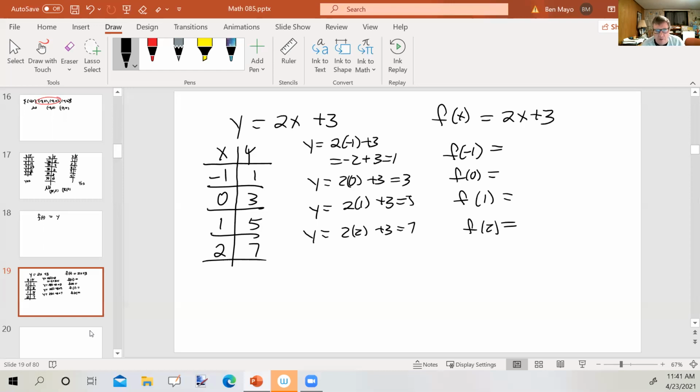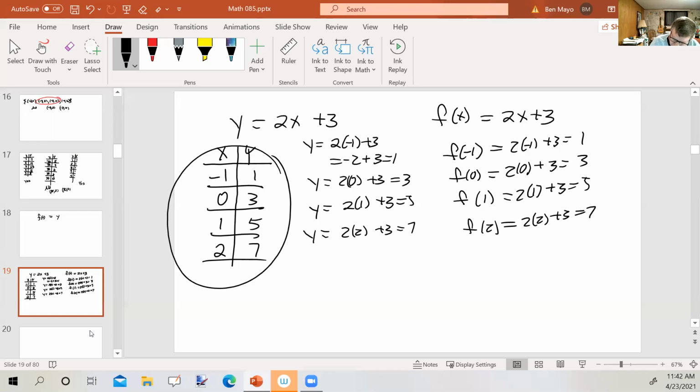How do I find the resulting output? The same way I did with the equations. So f of -1 would be 2 times -1 plus 3, which is 1. F of 0 would be 2 times 0 plus 3, which is 3. F of 1 would be 2 times 1 plus 3, which is 5. And f of 2 would be 2 times 2 plus 3, which is 7.